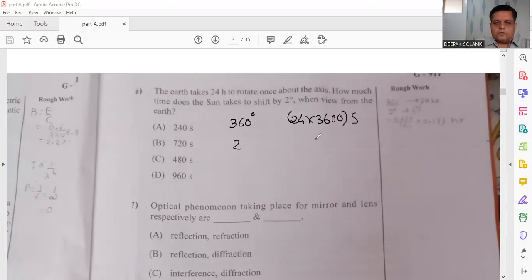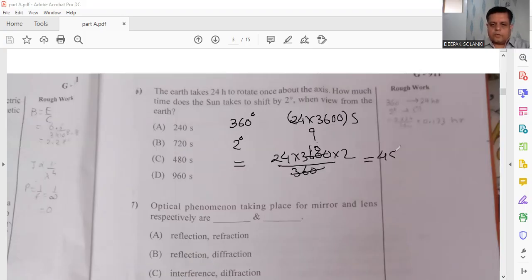For 2 degree, time required is 24 into 3600 divided by 360, into 2. So this is 10. So 48 into 10, 480 seconds. Very, very, very easy.